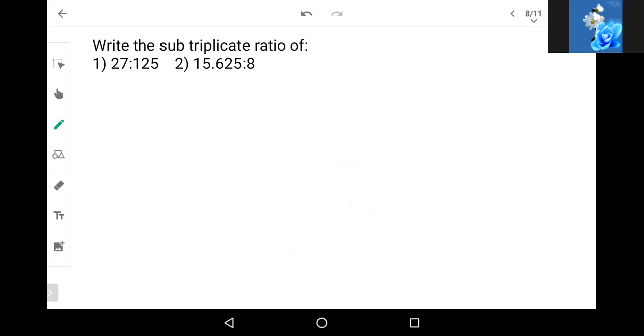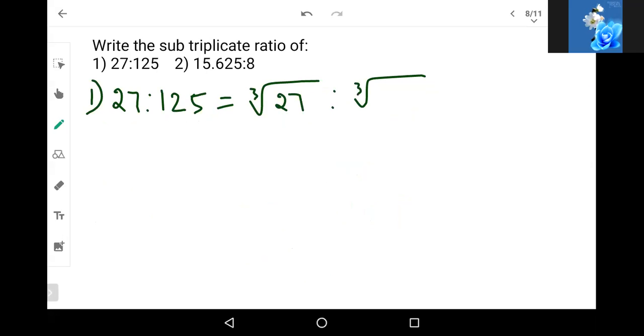Now similarly, next one, subtriplicate ratio. Triplicate means cube root. So duplicate means square root, triplicate means cube root. Okay. So 27:125, which is nothing but cube root of 27 is to cube root of 125. So cube root of 27 is nothing but 3. 3 threes are 9, 9 threes are 27, and cube root of 125 is 5.